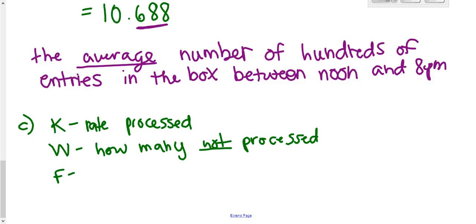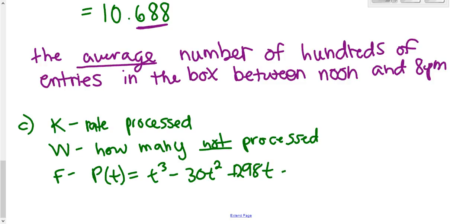In this case, they gave us an equation, P of T equals T cubed minus 30 T squared plus 298 T minus 976. Sorry, just 976, there's not a T after that.